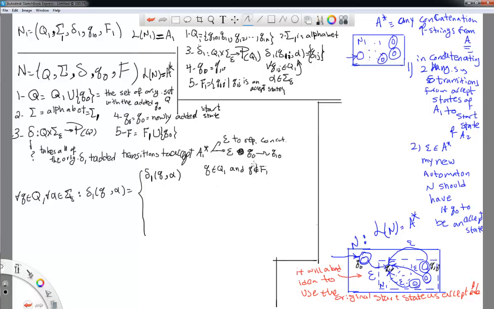Next, I'm going to look at all those states that were the original accept states. So if q was one of the original accept states, and the symbol that is processing is not epsilon, so for all the non-epsilon transitions from the accept states, I'm going to process them regularly, as from the original N sub 1.